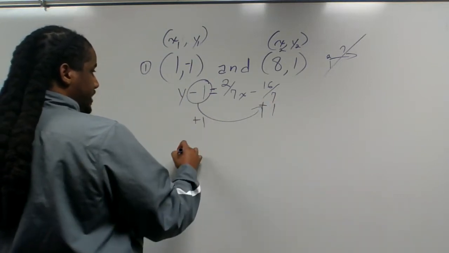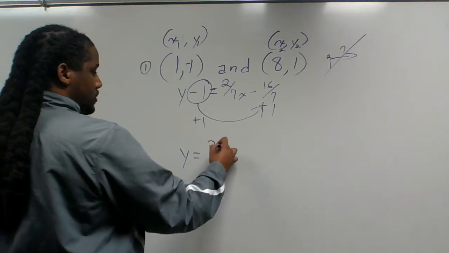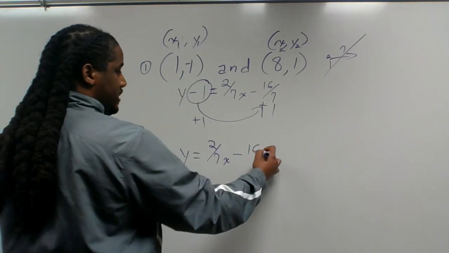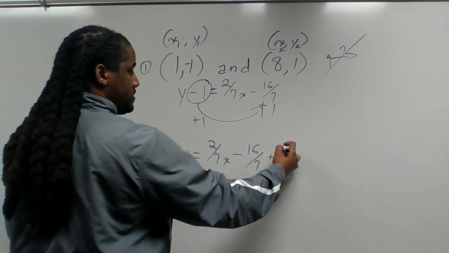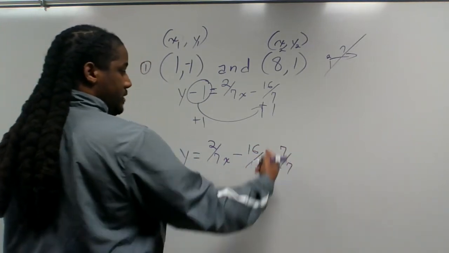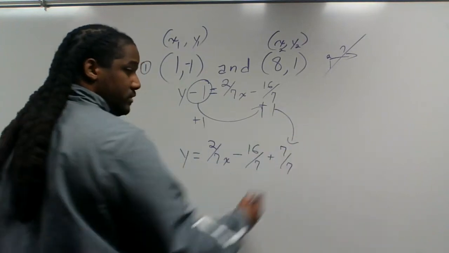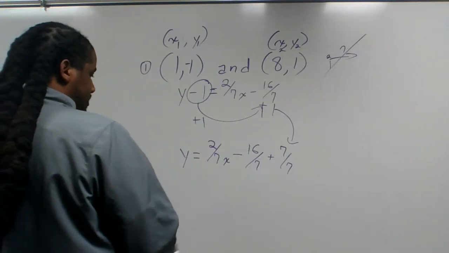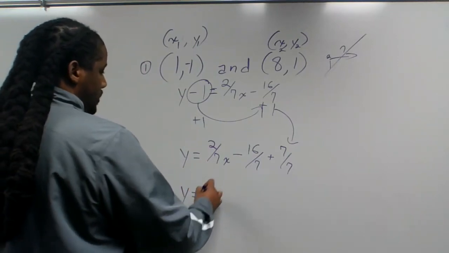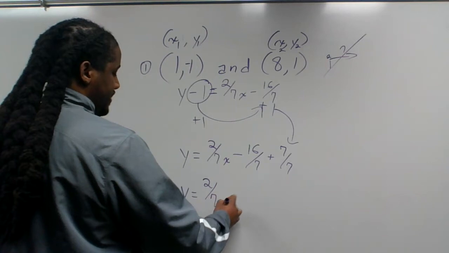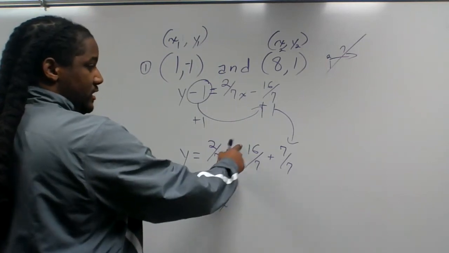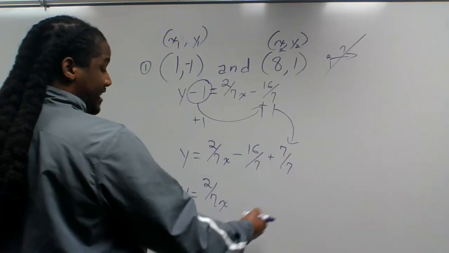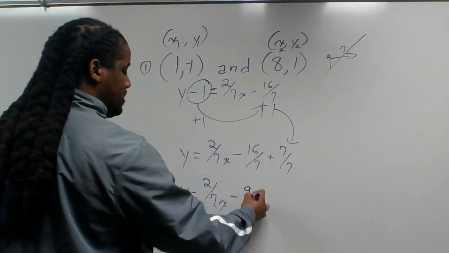That gives us y equals 2 over 7x minus 16 over 7 plus 7 over 7, because 7 over 7 is the same thing as 1. So the final answer for our math question Monday is y equals 2 over 7x. We have a -16 and a +7, and when we combine those, that gives us a -9. So that's -9 over 7.